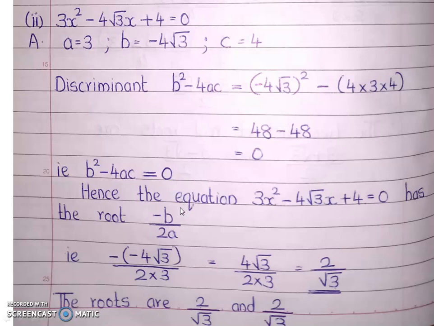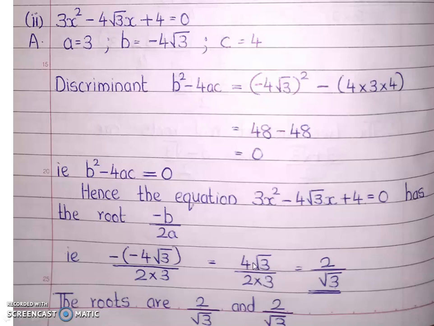That is, you will have two equal real roots. What is that? Minus B by 2A. That is minus B. Minus B means minus of minus 4 root 3 by 2 into 3. 4 root 3 by 2 into 3.